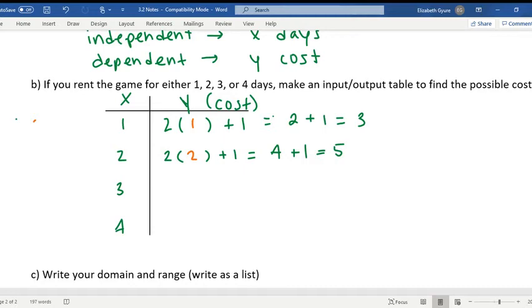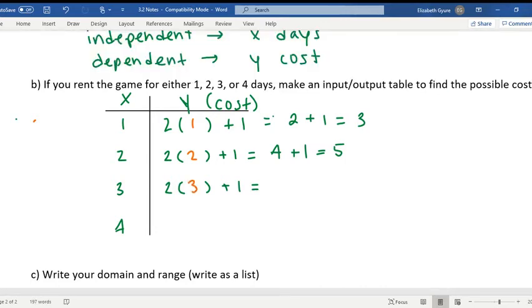All right, so what this then means, guys, is if you play for 1 day, how much are you paying? $3. If you play for 2 days, how much are you paying? $5. So now let's figure out what it is for 3 days. So you're going to do 2, put your open parentheses, plus 1.